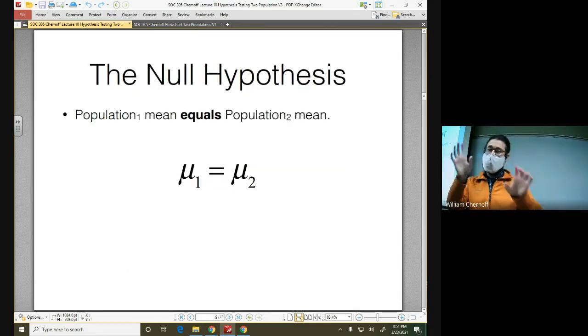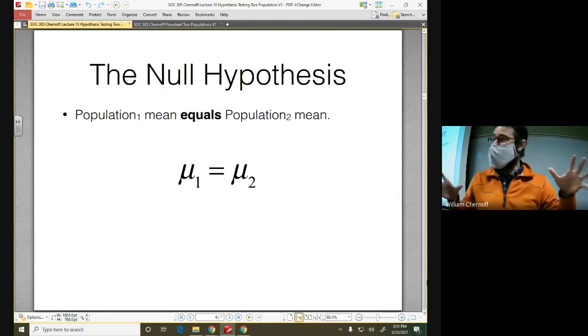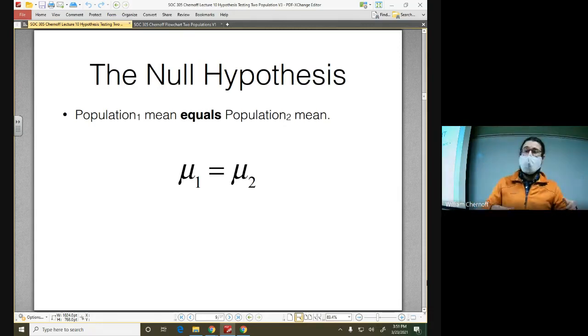And again, whenever you're comparing two populations, you're going to have one null hypothesis to choose from. It's always that doubting scientist hypothesis. It's always that the population average for population 1 is the same as the population average for population 2.